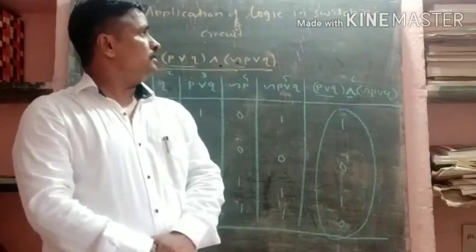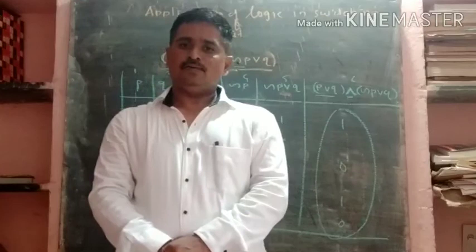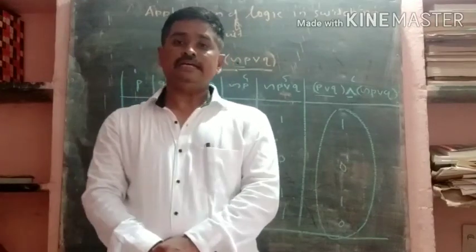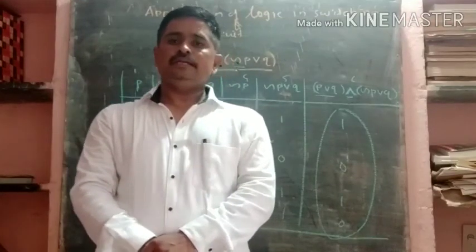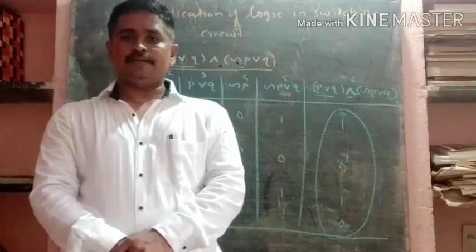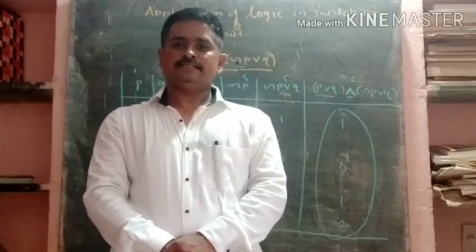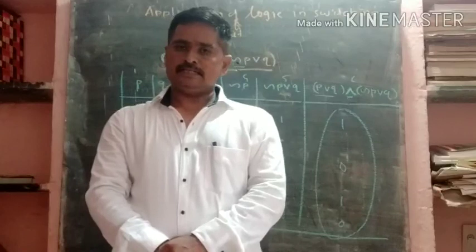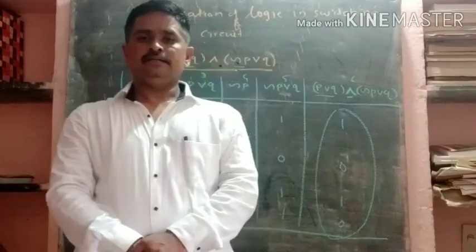Once again I want to recall what we learned in this chapter. We learned there are 4 basic operations in logical statements: conjunction, disjunction, implication and double implication.